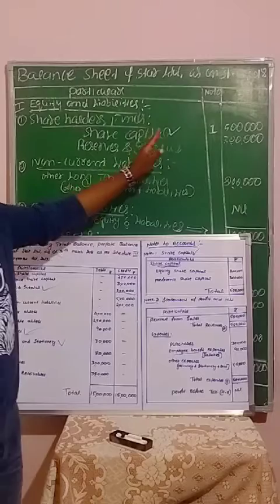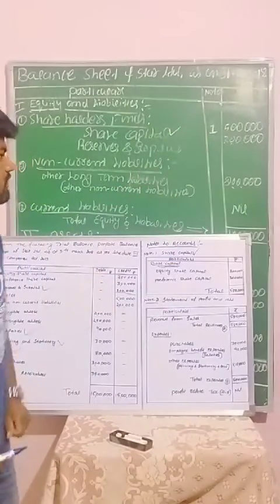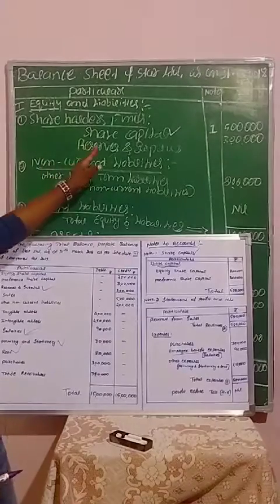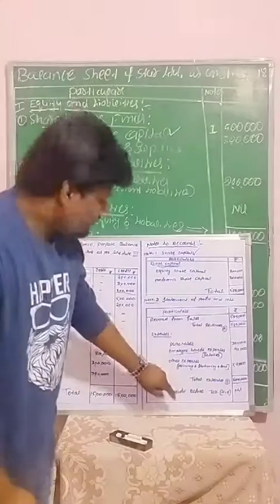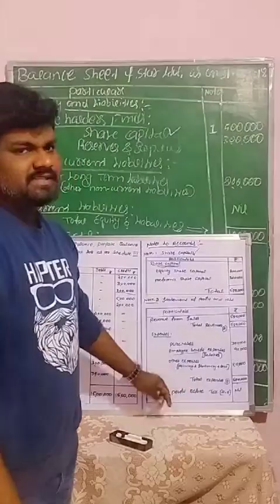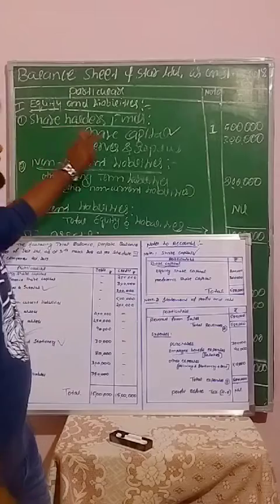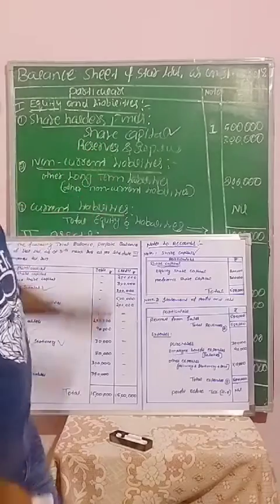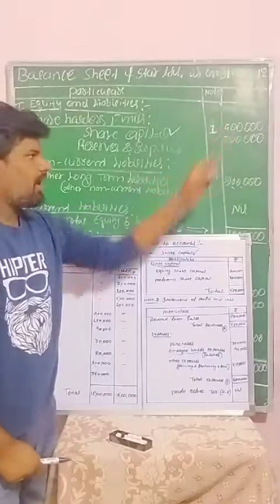First one, share capital, for which we applied one working note. And for the second transaction, reserves and surplus, there is a working note, but there is no profit or loss in the business. That's why there is no need to carry forward any balance into these reserves. So as per the given information, we can directly record 3 lakhs rupees in the amount column.